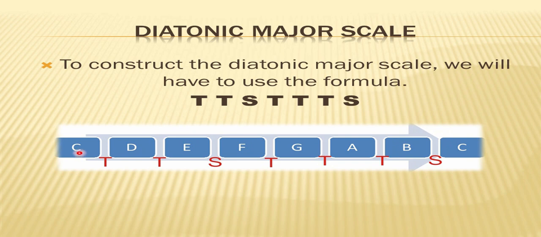A tone from C is D, a tone from D is E, a semitone from E is F, a tone from F is G, a tone from G is A, and a tone from A is B, while a semitone from B is C. That's how we construct the scale of C major.